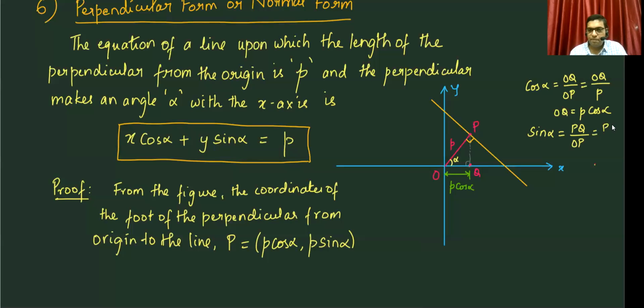So PQ by p, so PQ is p sin alpha. So this length is p cos alpha, and this length is p sin alpha. So naturally the coordinates of P are p cos alpha, p sin alpha.